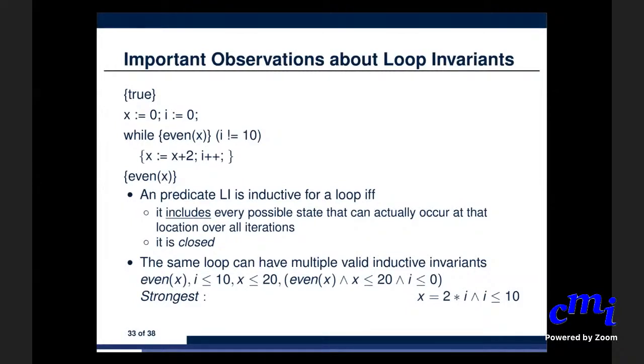So this is somewhat of a trivia question. True is the weakest invariant, because if you start in a state which can include any state, then you execute, obviously every state is included in the predicate that you started with. Now, the problem with using true is that it is too weak.